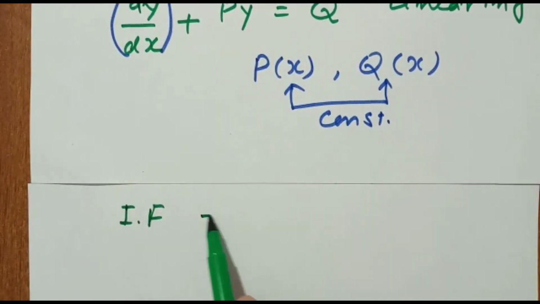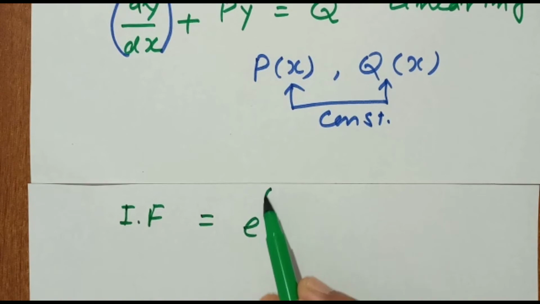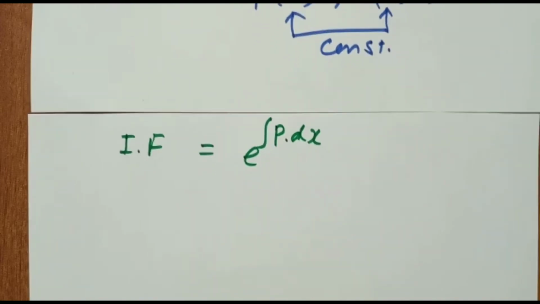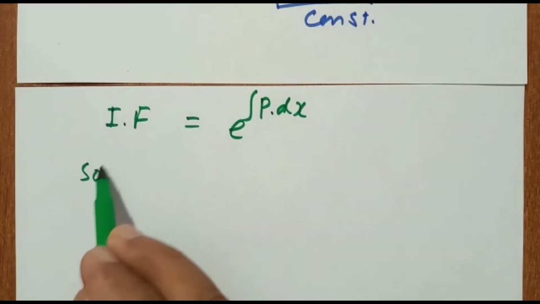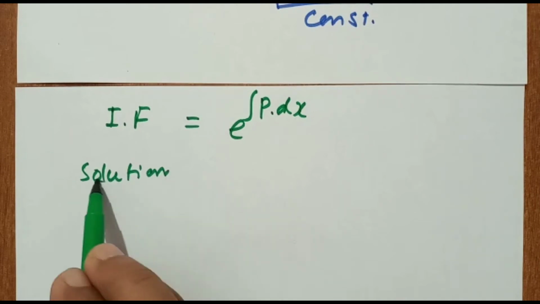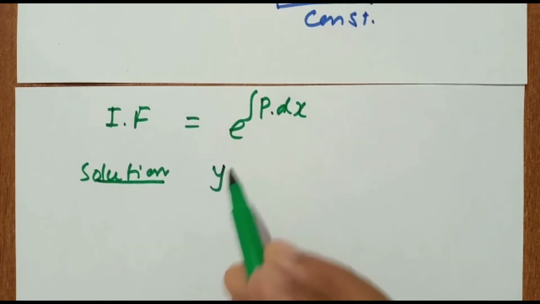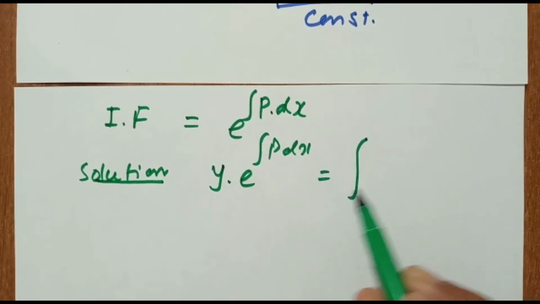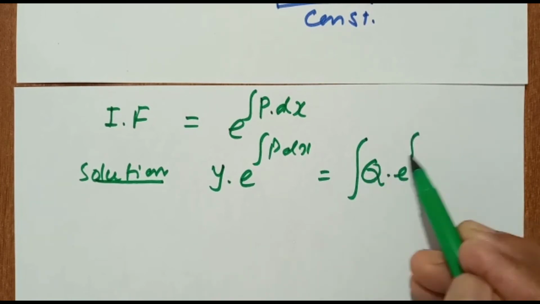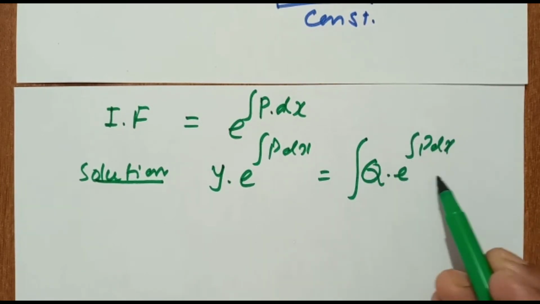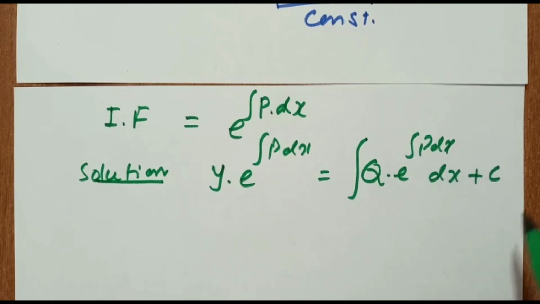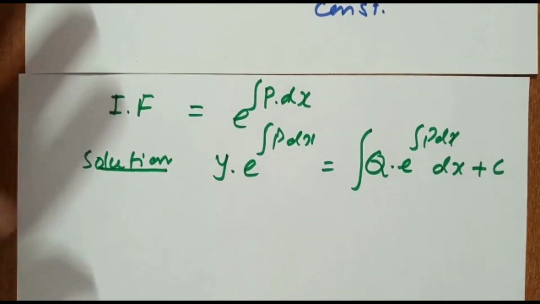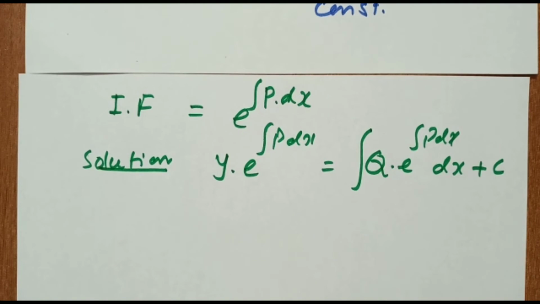The integrating factor is equal to e to the power integral of p dx. Then the solution is y times the integrating factor is equal to the integral of q times the integrating factor, integrated with respect to x, plus c, where c is the constant of integration. This is the technique to solve a linear differential equation.